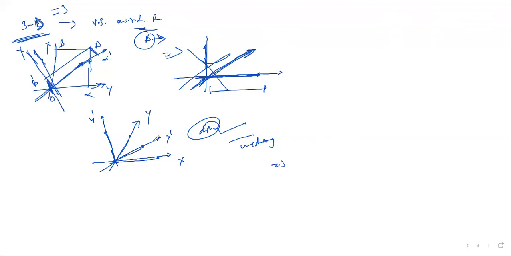But if there is a point here, then for the previous coordinates it gives me the coordinates alpha comma beta, and for the new coordinate system, x dash y dash, I will have the point alpha dash beta dash. So we can have as many bases as the ways we can rotate the coordinate axes. Hope you got it.